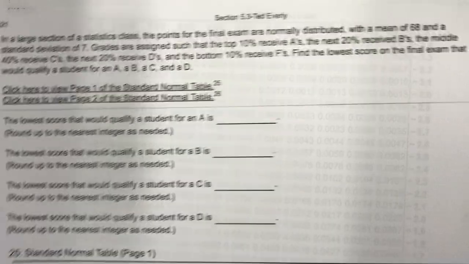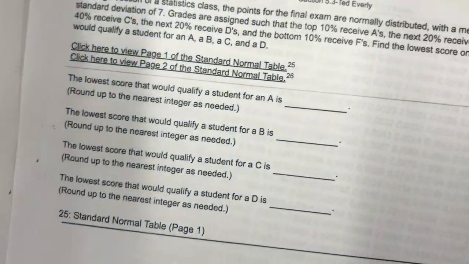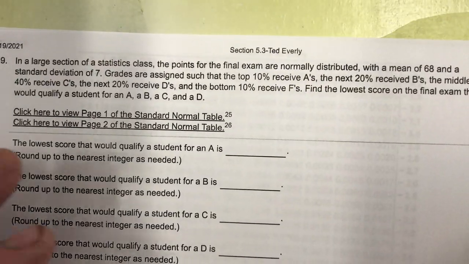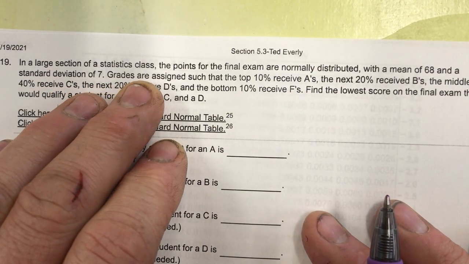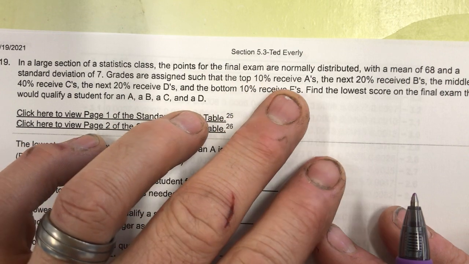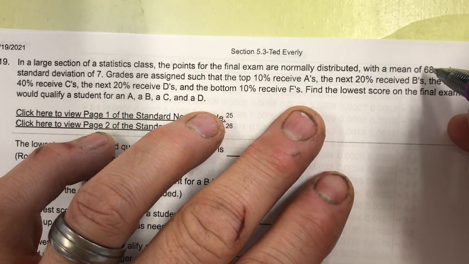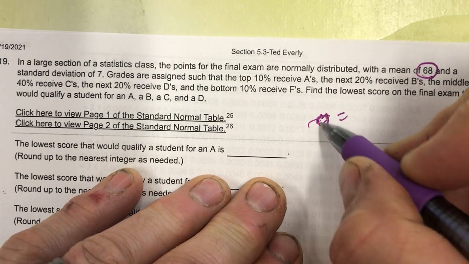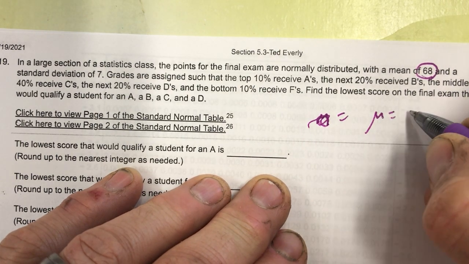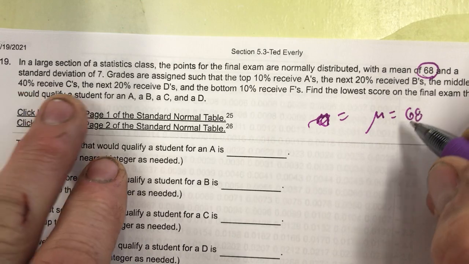All right, number 19, I think this is the last one. In a large section of statistics class, the points for the final exam are normally distributed with a mean of 68. So here's my mean. And a standard deviation of 7.